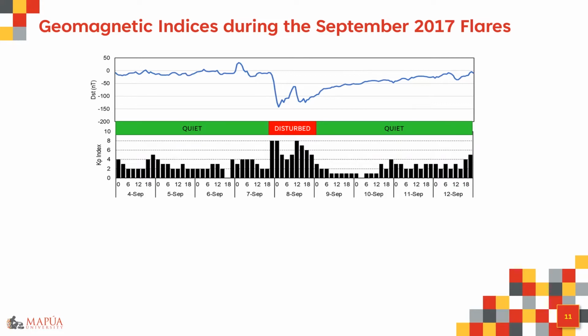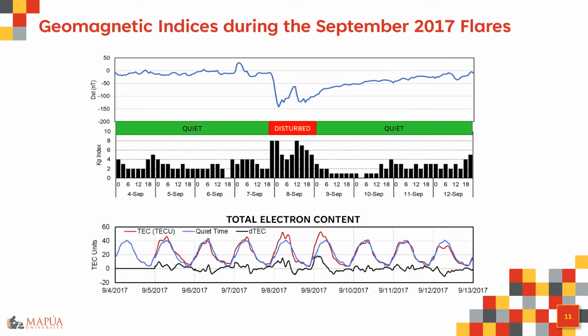One of the effects of such geomagnetic activity is that the total electron content present in the ionosphere may vary, may have some anomalies, may be enhanced, or may show some depletions.